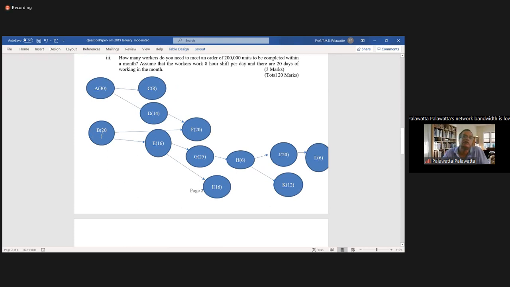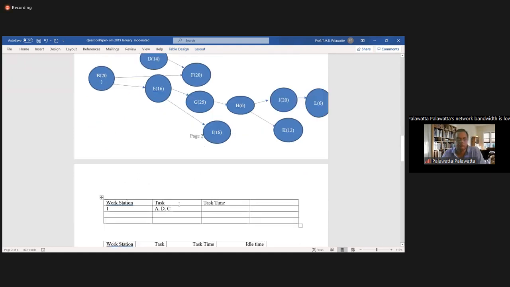So we have to either allocate B or stop. Let's say from 52 to 65, that is 13 seconds, we have the option of keeping the workstation idle for 13 seconds or adding B. So let's say add B. So the task A is 20, B is 14.